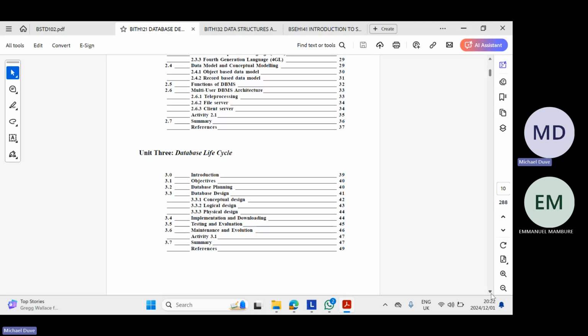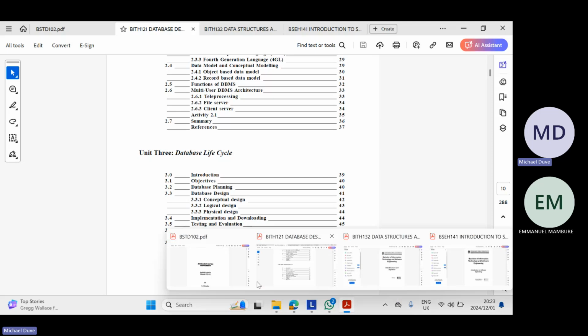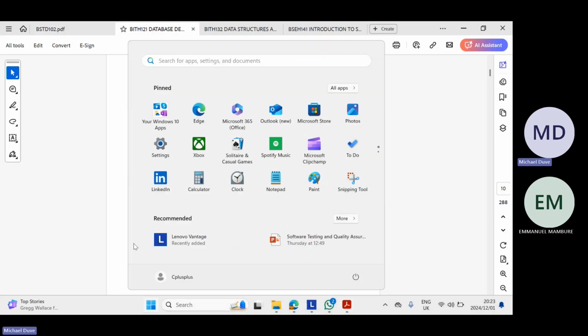Right, so this one we start by database planning. There are different databases that you can use, right? You can have MySQL Workbench, Microsoft Access. We talk of Microsoft SQL Server, right? So Microsoft SQL Server, we can download it.